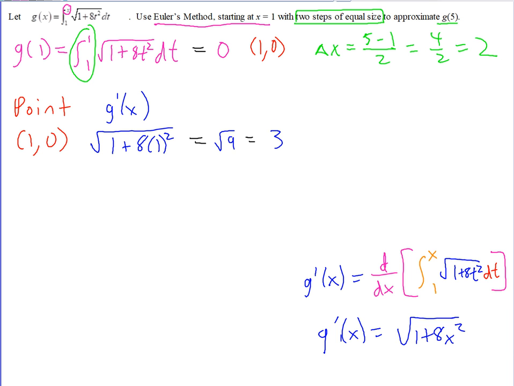And then we figured out the step size: delta x is 2, so 3 times 2 gives you a change in y coordinate of 6. But that's actually the y coordinate also, because we add the original y coordinate of 0 to get our new y coordinate of 6.